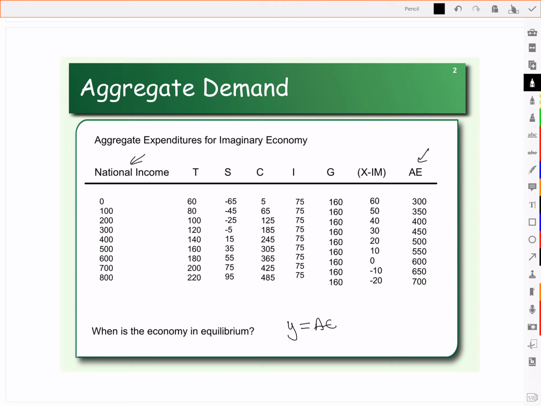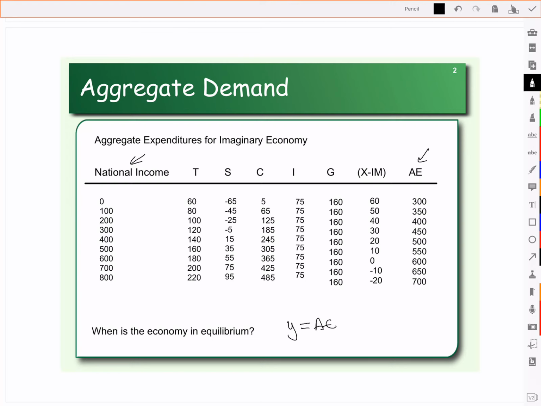So that's equal to our spending. That spending is then going to businesses to make goods and services, which they pay us for our land, our labor, our capital, for all those resources they use to make those goods and services, puts income in our pocket and allows us to spend. So it's that circular flow and being in equilibrium, not growing or shrinking, when aggregate expenditures equal national income.